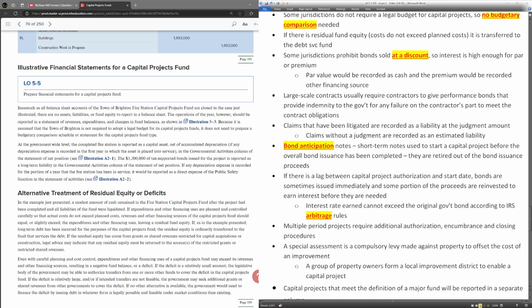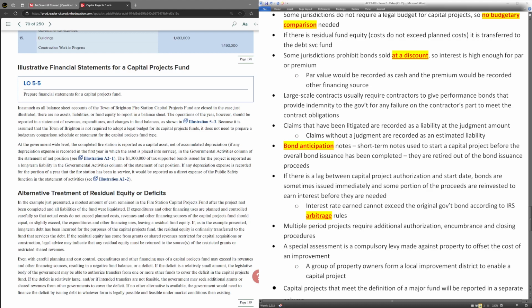Bond anticipation notes. So let's say you get authorization for the project, you immediately want to get started, but the whole bond issuing process is going to take a couple of months. You may call for some short-term notes. What are you saying? You're saying, I want to get some money in right now so I can start getting survey work done, I can start hiring an engineer, or I can start hiring an architect.